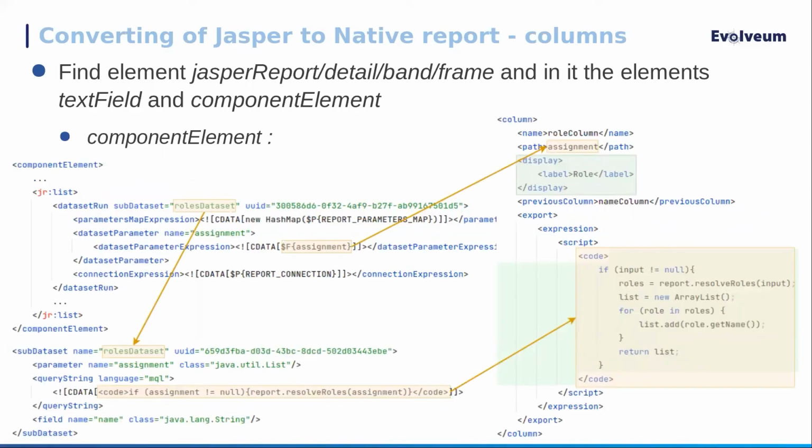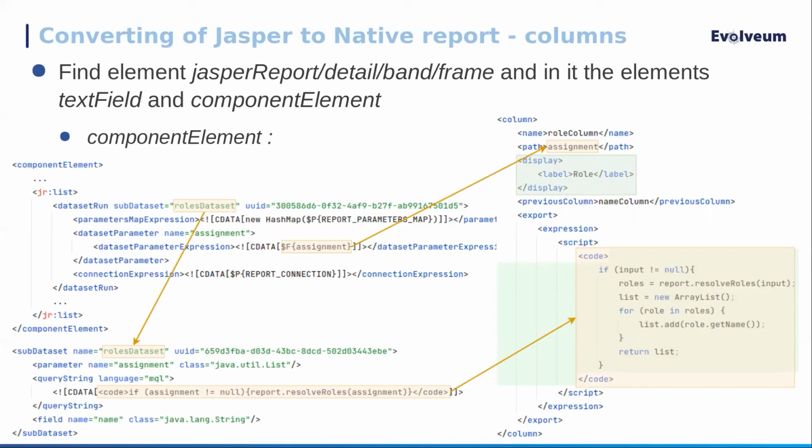A Jasper template can contain complicated columns. When we need to define an expression for a column, we find the component element tag in Jasper in the same parent as the text field tag. We find the attribute subdataset in the subtags and use the definition for this subdataset in the expression of the new column configuration.